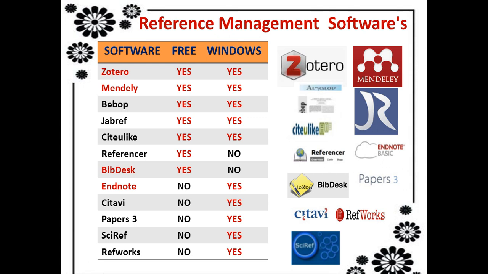Now, from the list, I am going to talk more about Zotero and Mendeley because these two softwares are very user friendly, which I am using, and depending on our importance, we can use these two softwares.